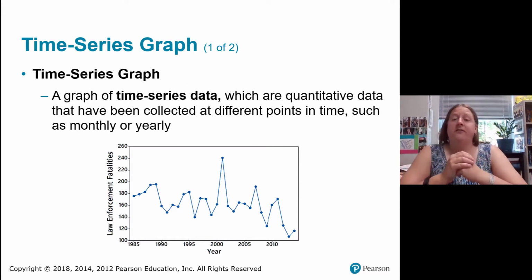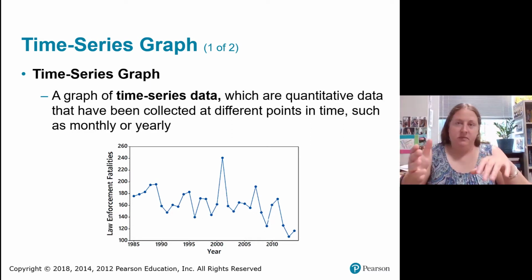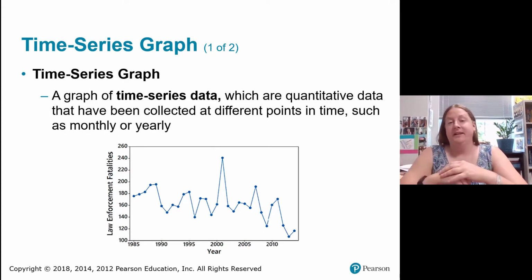Another type of graph that you might see is called a time series graph. In a time series graph, we take quantitative data that have been collected at different points in time, such as monthly, yearly, daily, hourly. It depends on the context how often they will be gathered, and we plot that quantitative data point at each time that it's measured. So here we have year as our horizontal value.